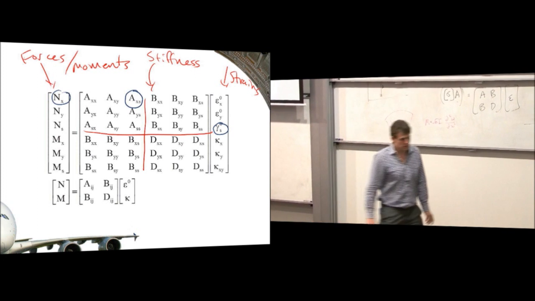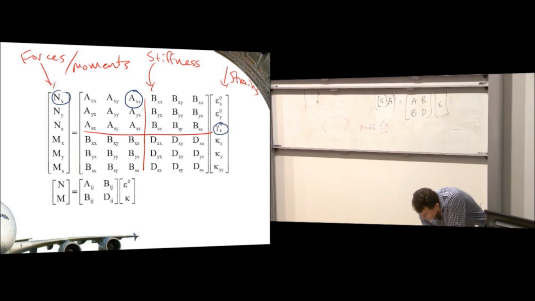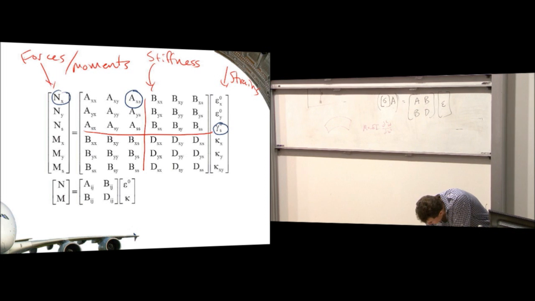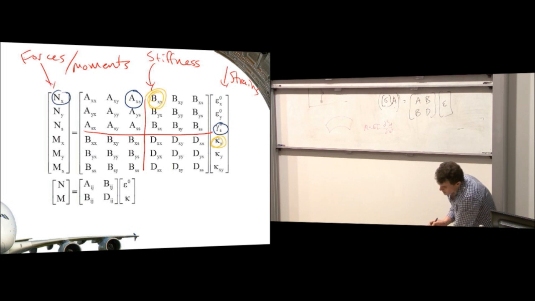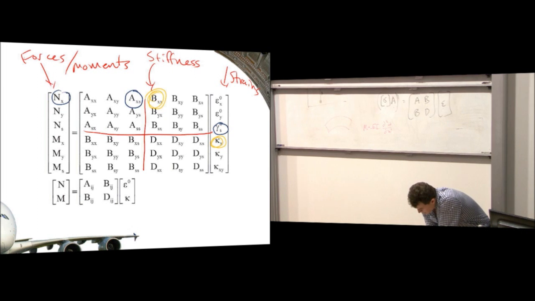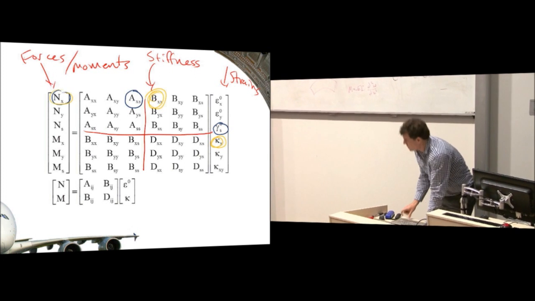Now if I get another colour and I look at, say, this term here, okay? What this term is telling me is that if I apply a curvature in the x direction, I'll get a force in the x direction.